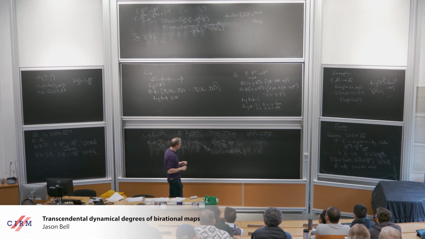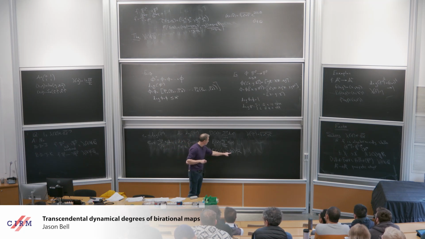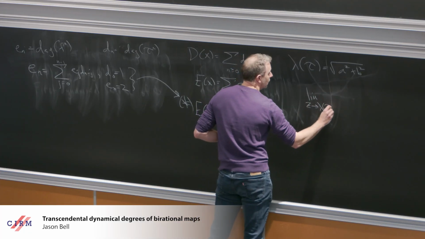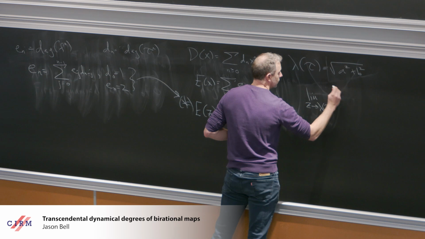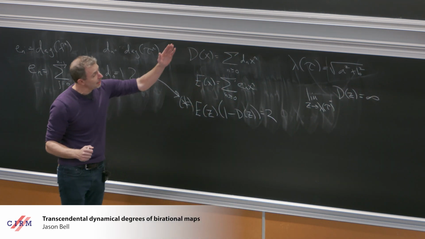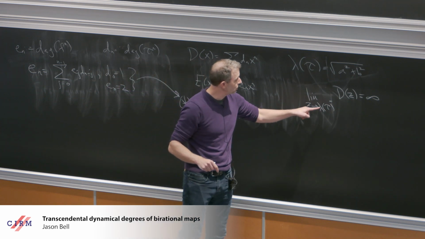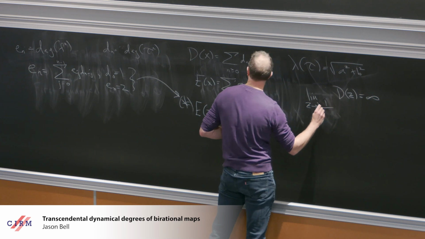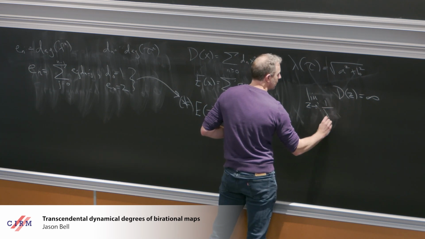And this relation is going to tell us something, because what we know is that the dynamical degree of D is bigger than the dynamical degree of E. And so what happens is we also know that as we approach the dynamical degree, if I got this right, I guess I want 1 over this, perhaps, right? 1 over tau.